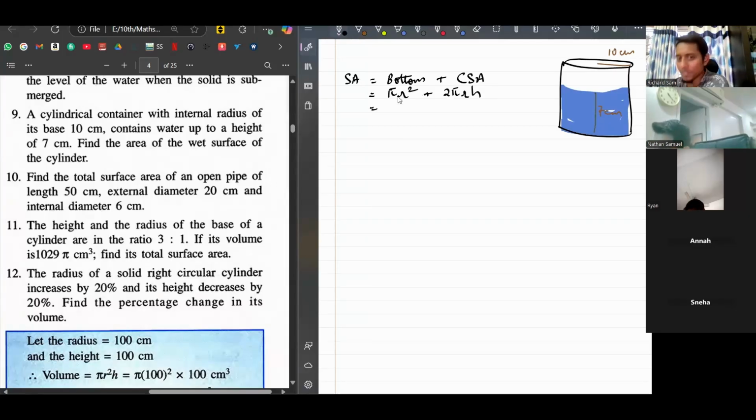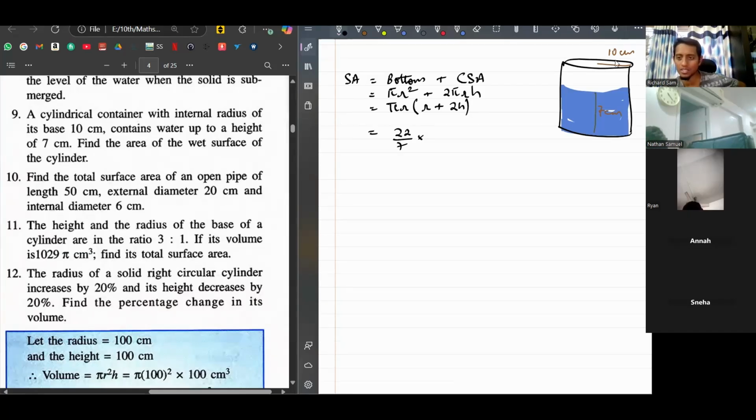Now, we can simplify the formula by taking common values outside. So pi r is common. Pi is same in both, r is same in both. So pi r, we can take it outside and then inside we have r plus 2h. Correct? Sometimes they'll tell you what value to take for pi. If they don't tell you, then you will take 22 upon 7. So 22 upon 7 multiplied with r.